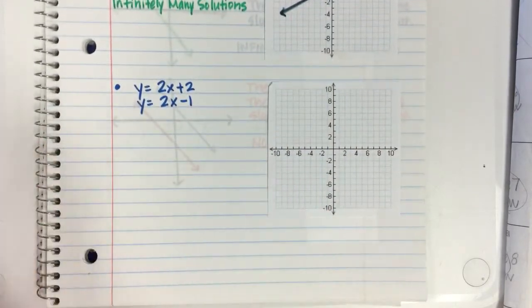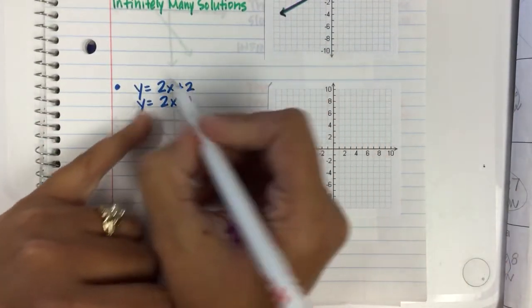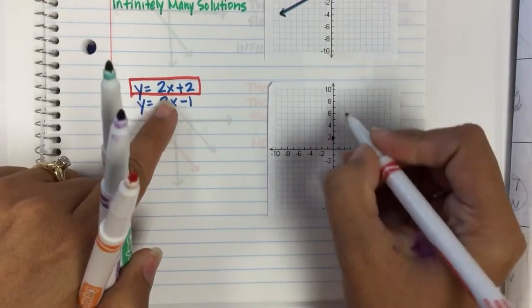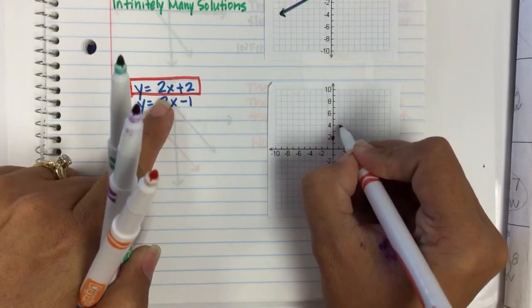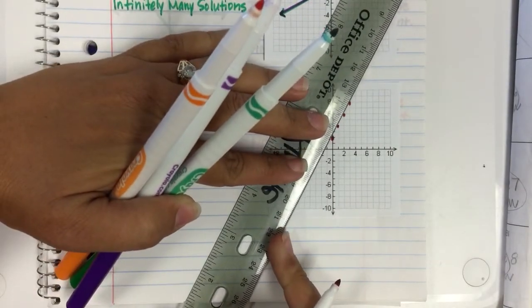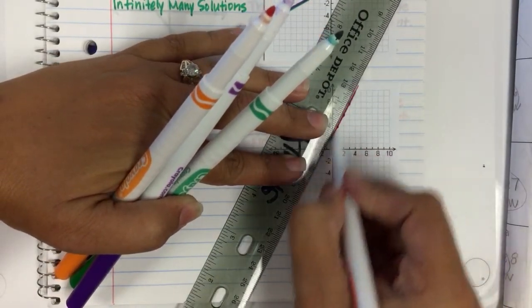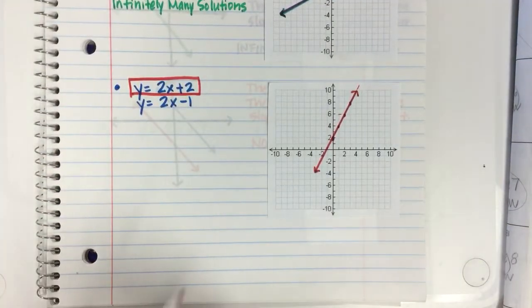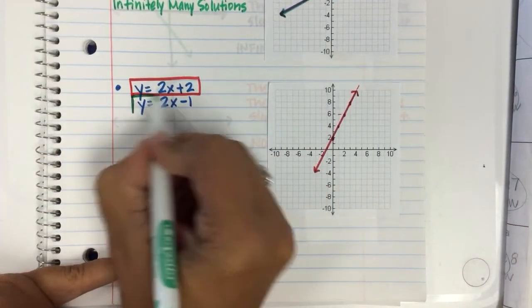All right, look at this second problem. Let's graph this line in red. Y-intercept of 2, slope of 2, so go up 2, over 1, up 2, over 1. So this line is going to be right here. And I'm going to graph this one in green.